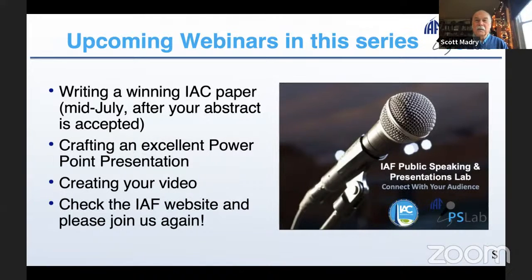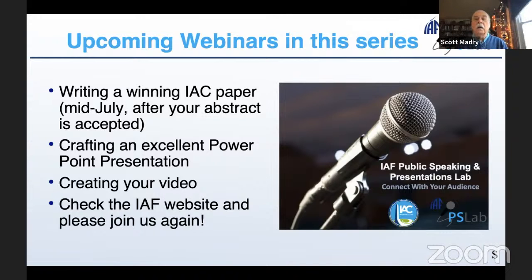And I do want to point out that this is just the first in a series of these that we do every year. So we wish you all the very best of luck. Just do it. Submit your abstract. When you are notified that you have been accepted, congratulations.